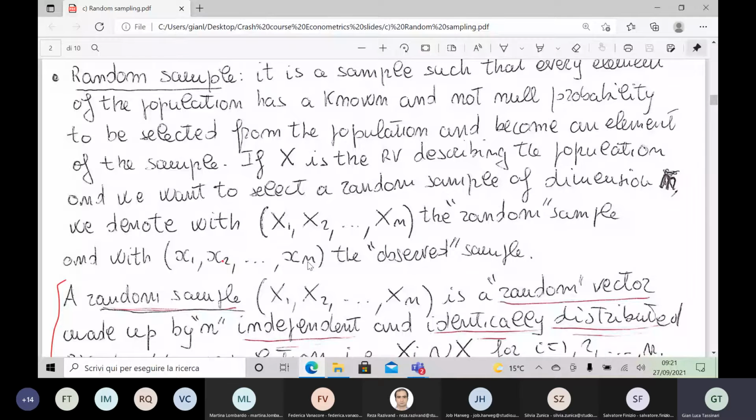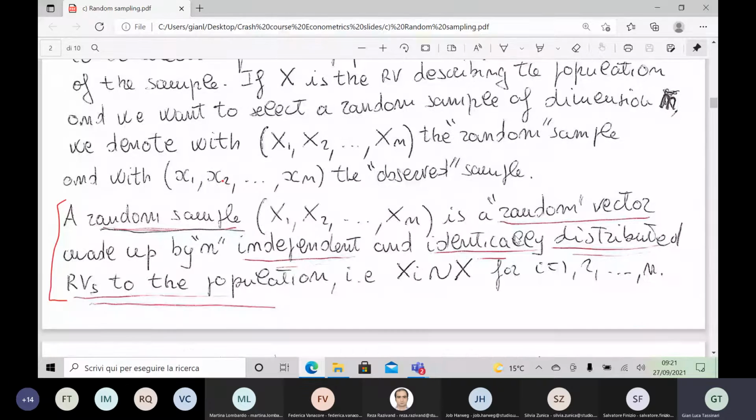Let me read below and explain that. You see that I outlined everything in red, so this definition is very important. A random sample, which is denoted in this way, remember capital letters, a random sample of dimension n, is a random vector made up of n independent and identically distributed random variables, identically distributed to the population.